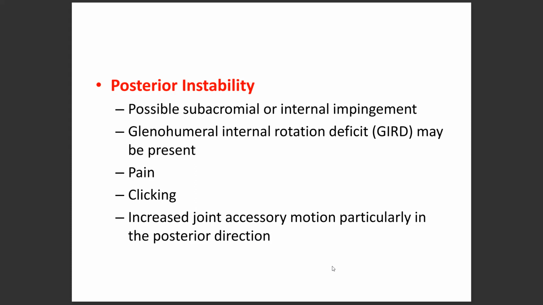Pain and clicking will be present just like the anterior shoulder instability. And just like the anterior shoulder instability, there will be increased joint accessory motion, particularly in the posterior direction. If there is anterior instability, there will be more translation in the anterior direction. If there is posterior instability, there will be more translation in the posterior direction.